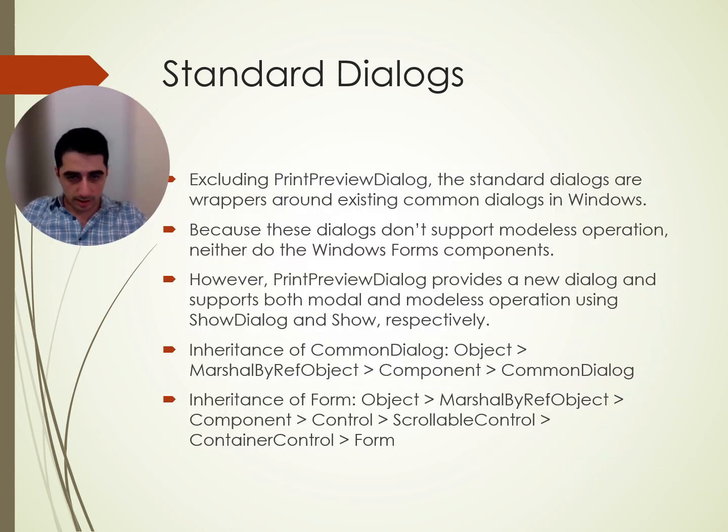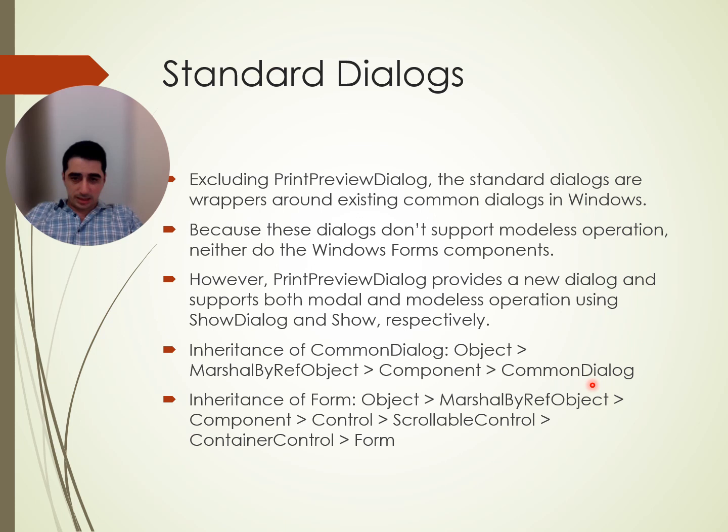So all the standard dialogs that I mentioned, with the exception of print preview dialog, are basically subclasses of the common dialog class. You can see the inheritance chain of common dialog from object, which is the superclass of all classes in C#, to MarshalByRefObject, to component, to common dialog.